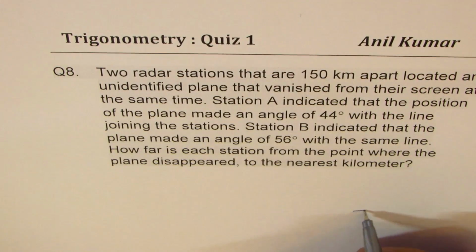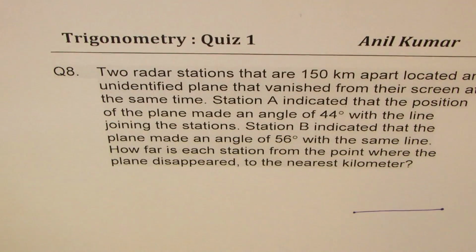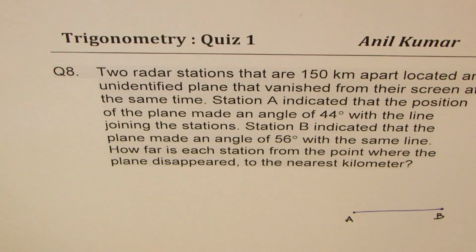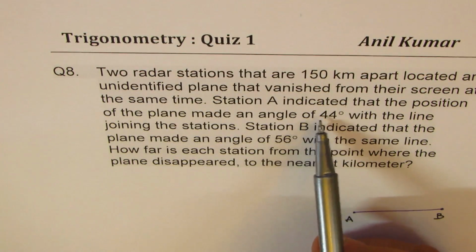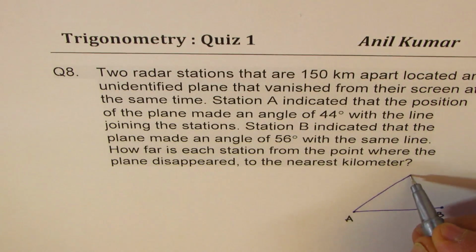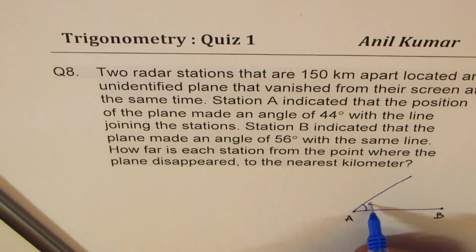So let's say these are the two stations A and B. Now from A, the angle of sight was 44 degrees. So let's say this is 44 degrees, right? So this is what we are saying as 44 degrees.